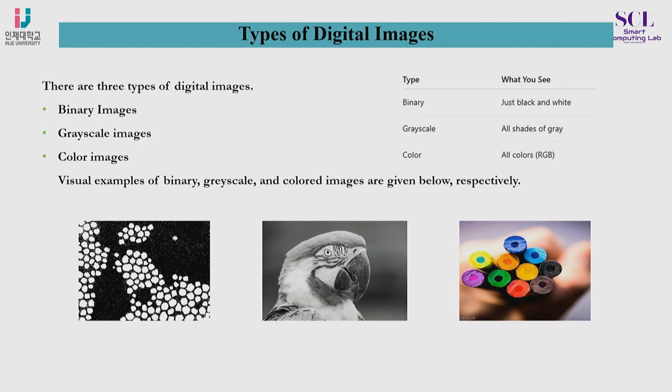For example, if it is black, it has value 0, but if it is a little bit gray, it has a different value, ranging from 0 to 256. Likewise, we have color images. In color images, we have 3 channels: red, green, and blue, and we have to deal with these different kinds of images accordingly.